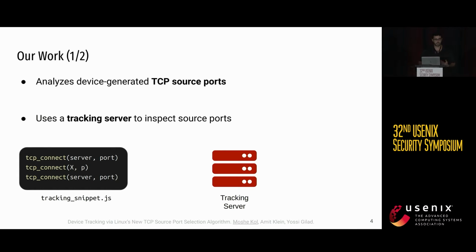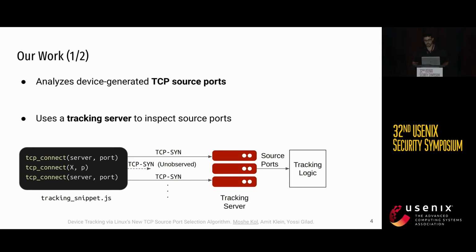So the general flow of our attack is as follows. We have the tracking snippet participate in a series of TCP connections. Some of them reach the tracking server, some of them don't. This is governed by the tracking logic of our attack. The tracking server inspects the TCP SYN packets it gets, extracts the source port, and feeds the tracking logic state machine, which eventually spits a device ID.